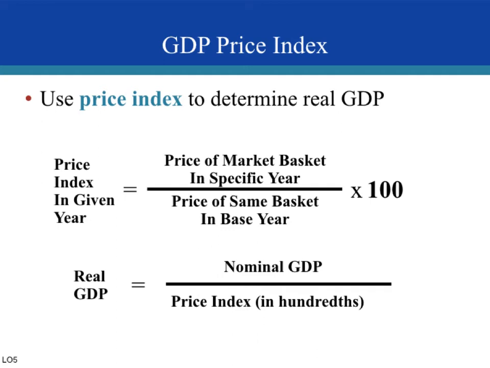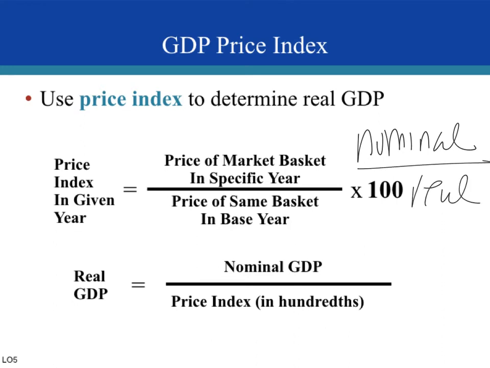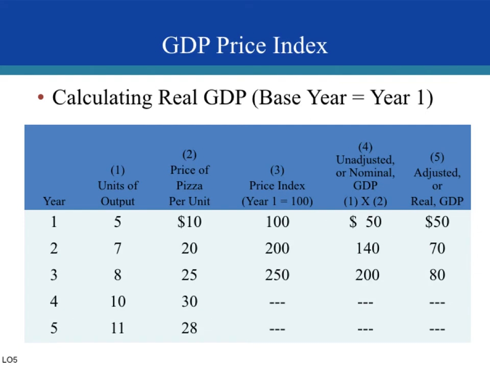We can also look at this as nominal GDP divided by real GDP. Okay, so we're going to calculate real GDP here, and we're going to say the base year is year 1.